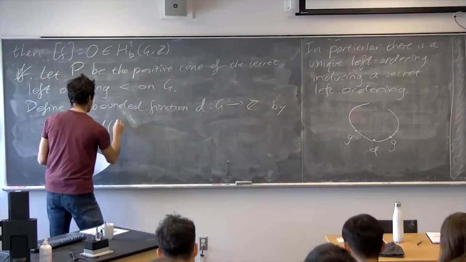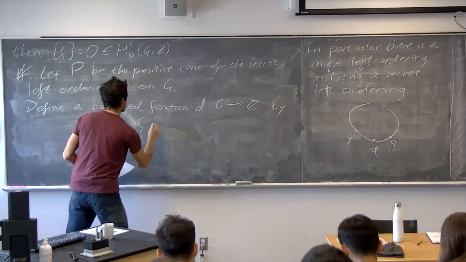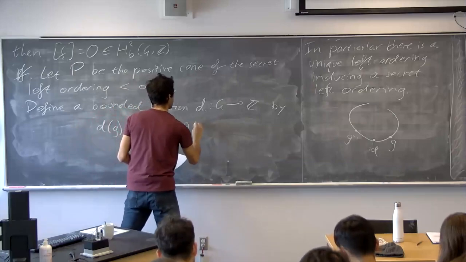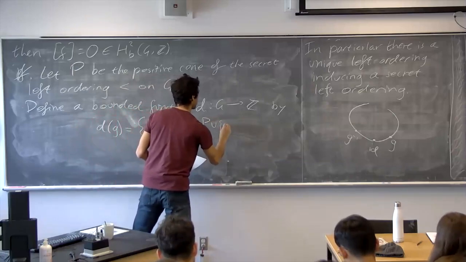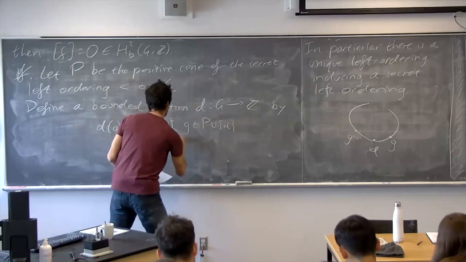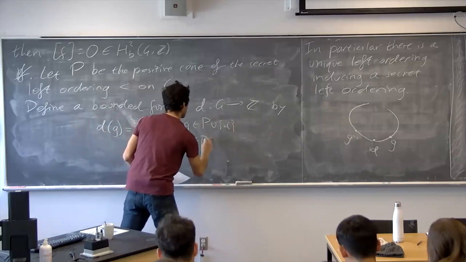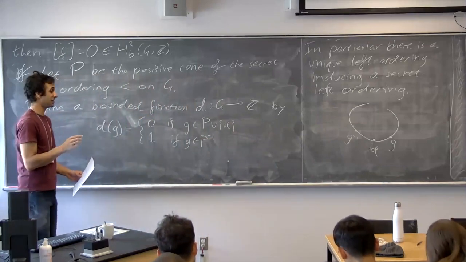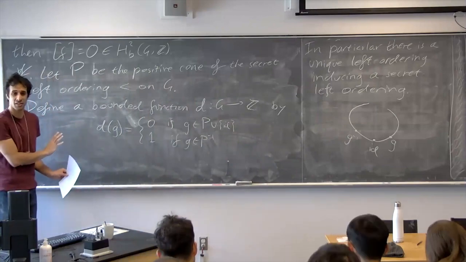B of G is 0 if G is in the positive cone or the identity, and it's 1 if G is in the inverse of the positive cone. This is a perfectly good bounded function.